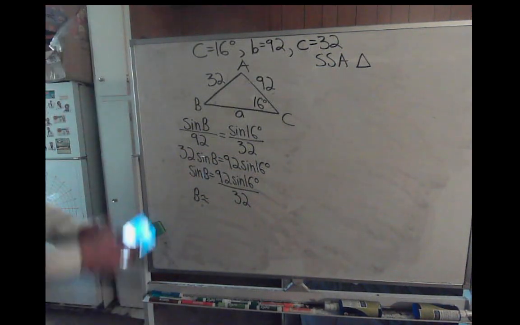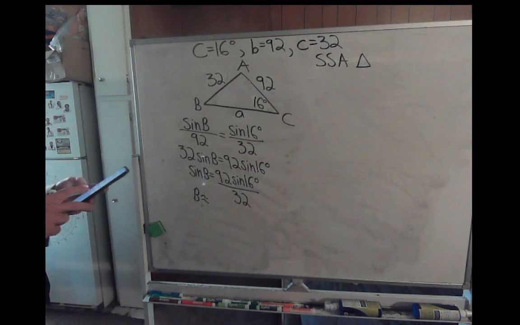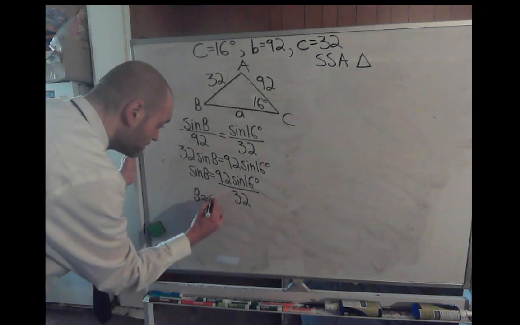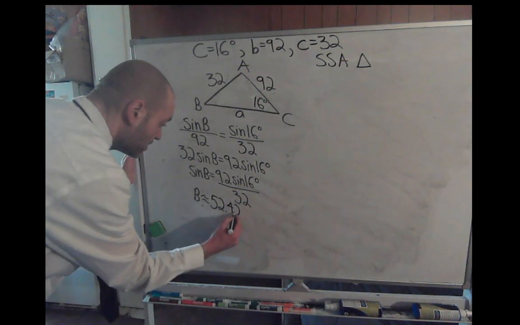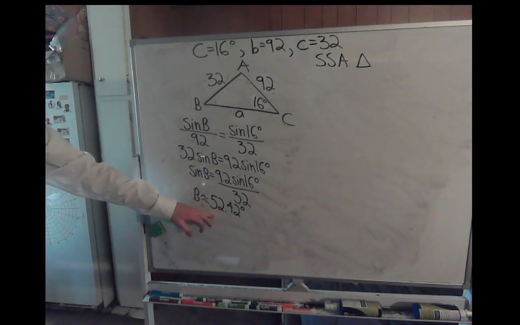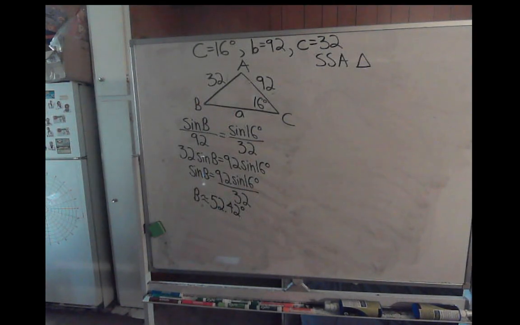Let's see what we got. That would end up giving you, of course, 52.42. All right, well, we definitely can establish that there's one triangle because 52.42 and 16 are nowhere near 180.